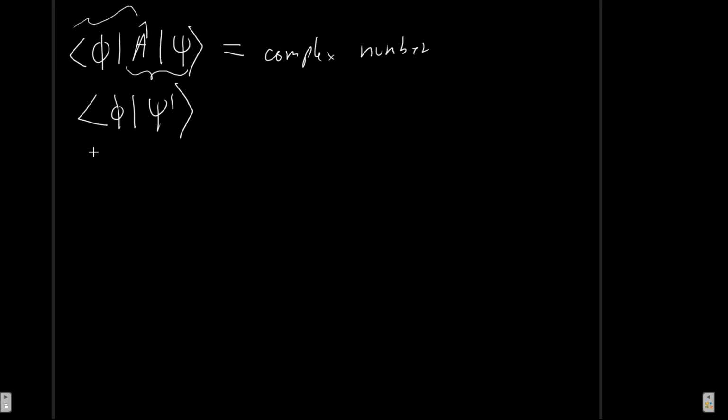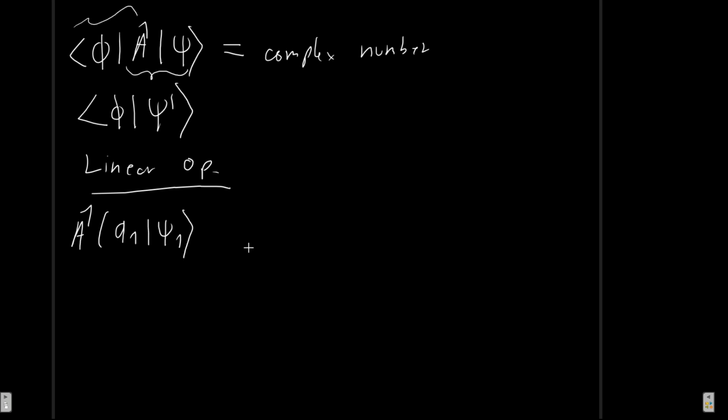Now, in quantum mechanics, we're going to be dealing particularly with a kind of operator that is called a linear operator. This basically means that it behaves the way we are used to having things behave, because at least in physics, we really like it when things are linear. So what that means, for example, is that if we have this operator A acting on some complex number A1 times some ket plus some other complex number A2 times some ket, what we're going to get here is just distribute this operator.